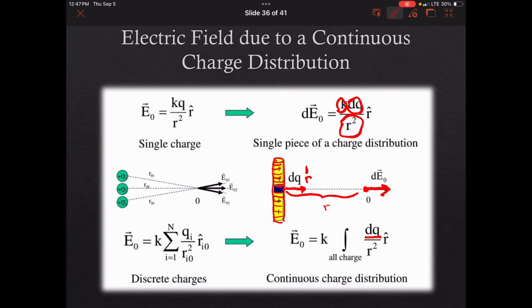There are some procedures that we will be using to turn this into an integrable function, because right now dq is not tied to any coordinate system. It really doesn't mean anything except an infinitesimally small piece of charge. So we need to turn that into a mathematical function in order to start integrating.